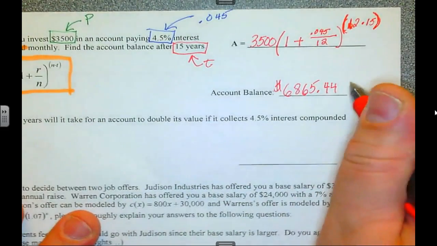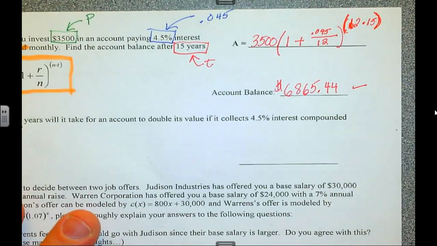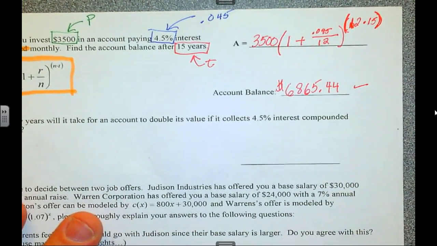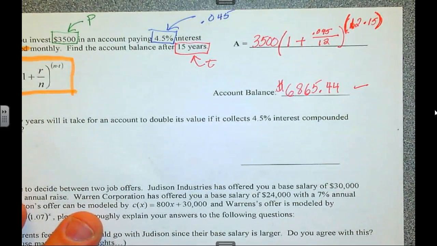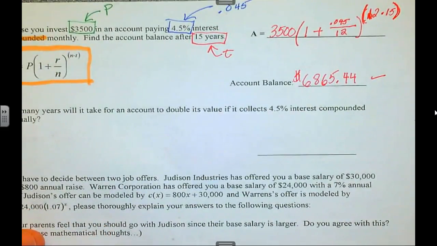So I have the right answer. Mental check it. You would not believe what kind of answers I get. 10 million, negative 300. How can I have negative 300 when it's growing interest? And I'll get them. You know it, I will.